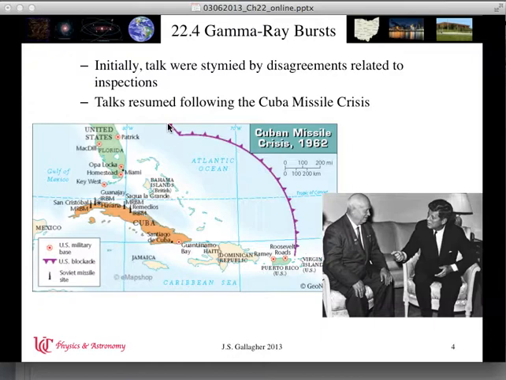Ultimately, it was resolved, thankfully, but it scared both the Soviet public and the American public to such an extent that both Kennedy and Nikita Khrushchev, who are pictured here, decided to reopen talks, partially as a means to calm down the general populace in their countries.